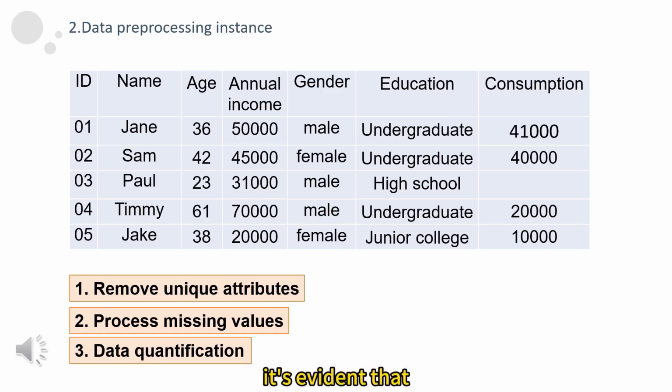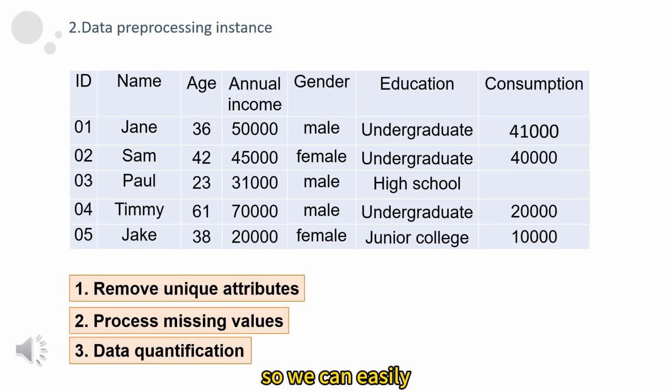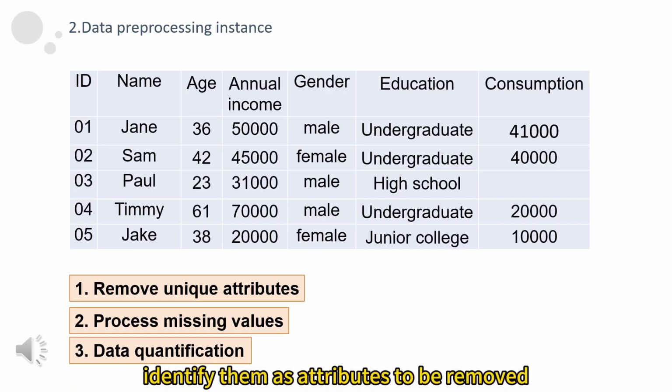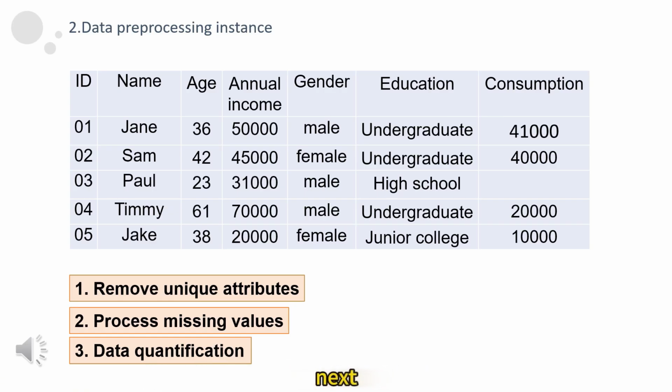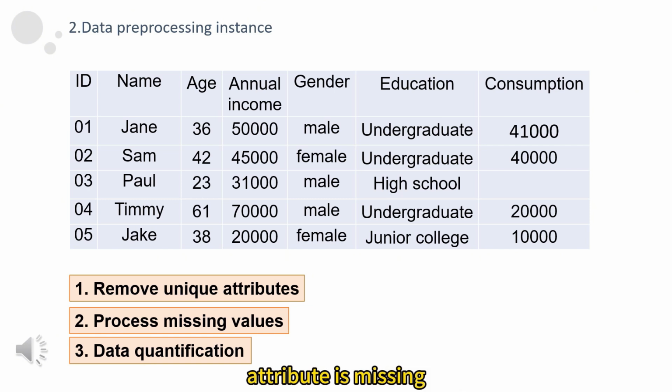It's evident that ID and name are unique for each sample, so we can easily identify them as attributes to be removed. Next, let's take a look at sample 3, where the expenditure attribute is missing.